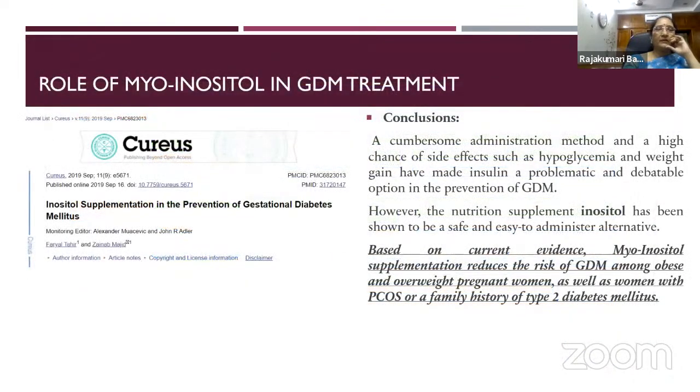Role of myo-inositol in GDM treatment. Based on current evidence, myo-inositol supplementation reduces the risk of GDM among obese and overweight pregnant women, as well as women with PCOS or a family history of type 2 diabetes mellitus.